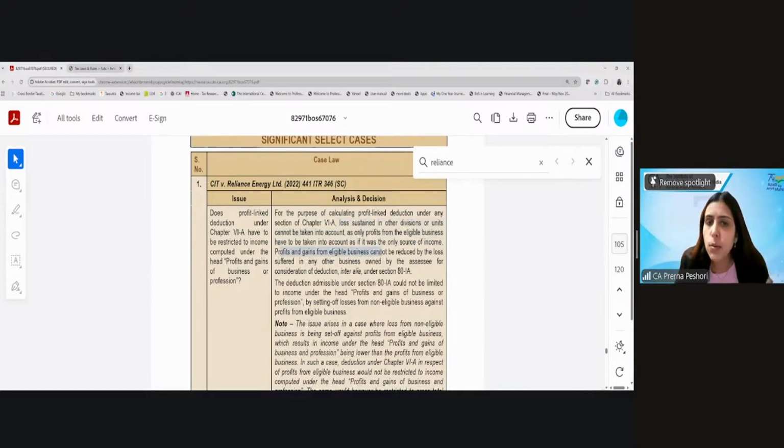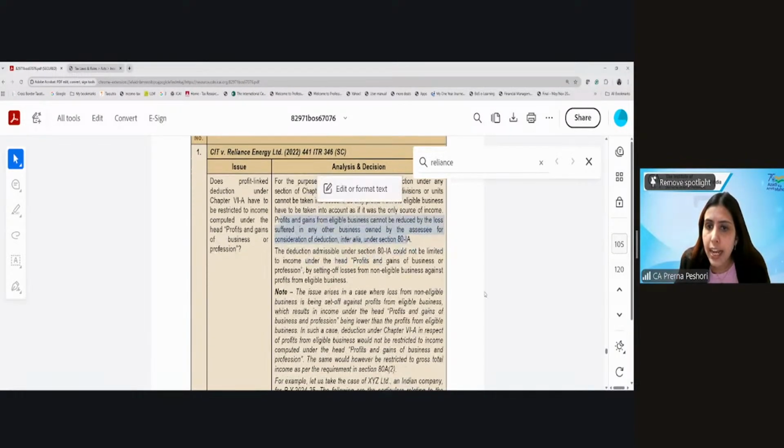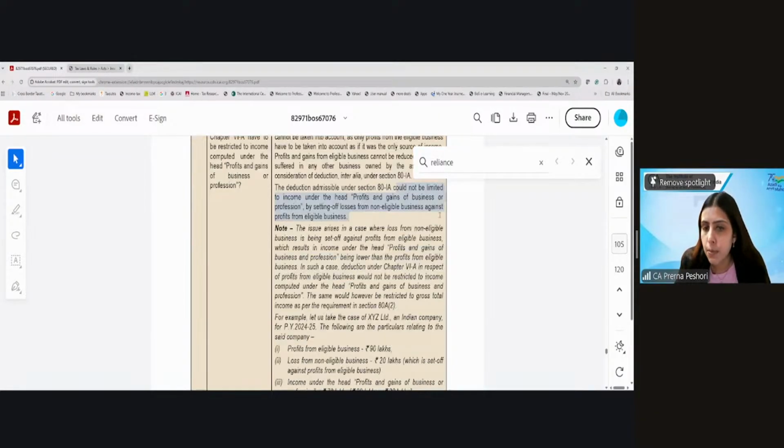Profit and gains from eligible business cannot be reduced by the loss suffered in any other business owned by the assessee for the purpose of calculating the deduction under ATIA. The deduction under ATIA could not be limited to the income under the head PGBP by setting off the losses from the non-eligible business against the profit from the eligible business.